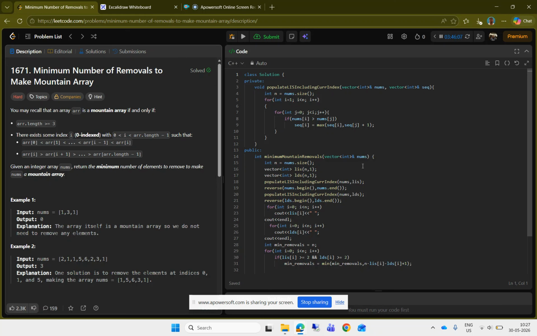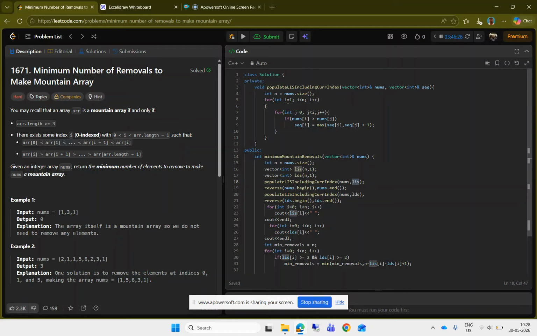So here we take the vector, which is the input starting array, and we try to find the longest increasing subsequence for every index of the array, ending at that index.